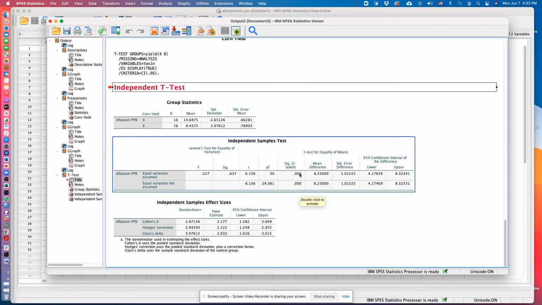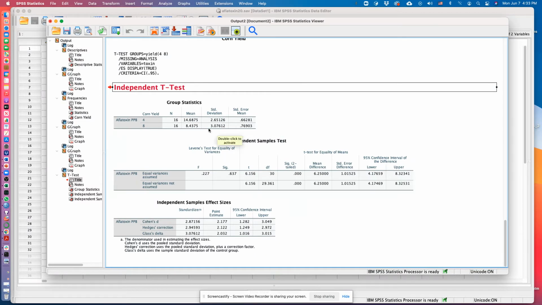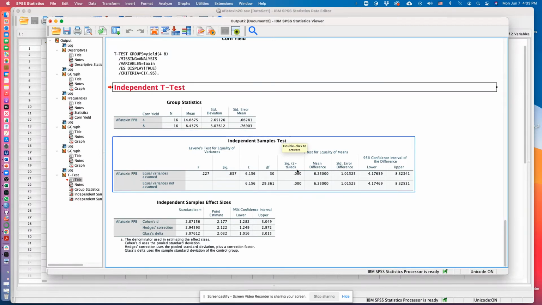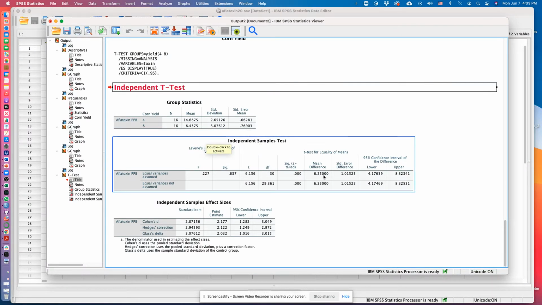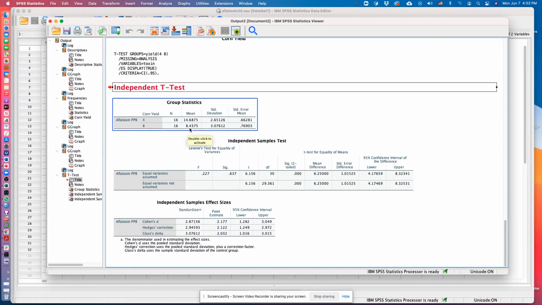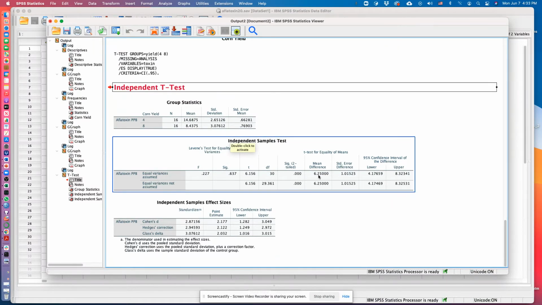And this value is less than 0.05. So the difference between the two means is statistically significant. We see that one mean was 14.68 and the other was 8.43, and the difference between those two, 14.68 minus 8.43, gives you 6.25. So that's the value of the difference, and this is the p-value.